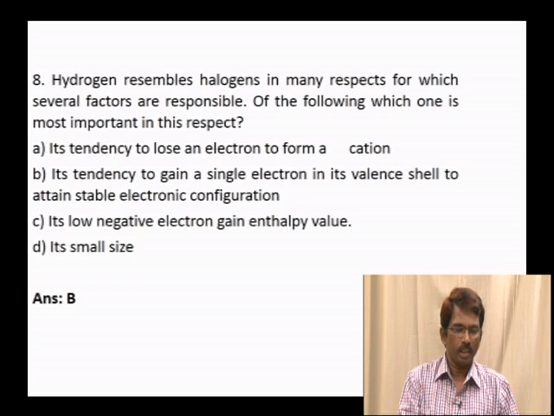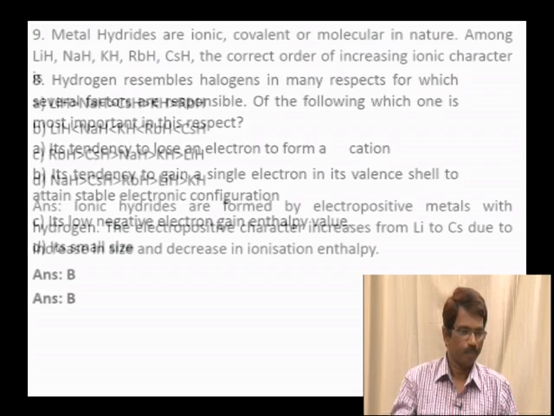When it comes to the 17th group, which is the halogen family, all halogens gain one electron and form the stable inert gas configuration, and therefore hydrogen also gains one electron to form H minus ion, which is called hydride ion. Its tendency to gain electron in its valence shell and attain the stable 1s2 configuration is the reason for its resemblance with the halogen family, and obviously the correct answer is option B.